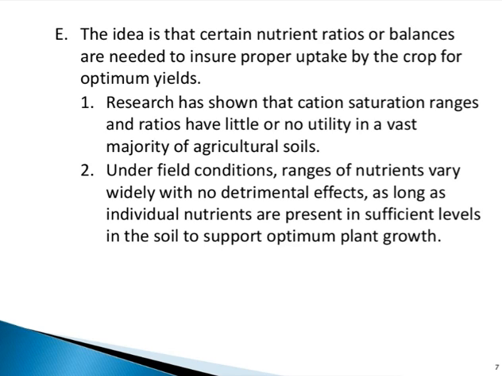Some researchers have shown that cation saturation ranges and ratios have little or no utility in the vast majority of agricultural soils. Under field conditions, ranges of nutrients vary widely with no detrimental effects as long as individual nutrients are present in sufficient levels.